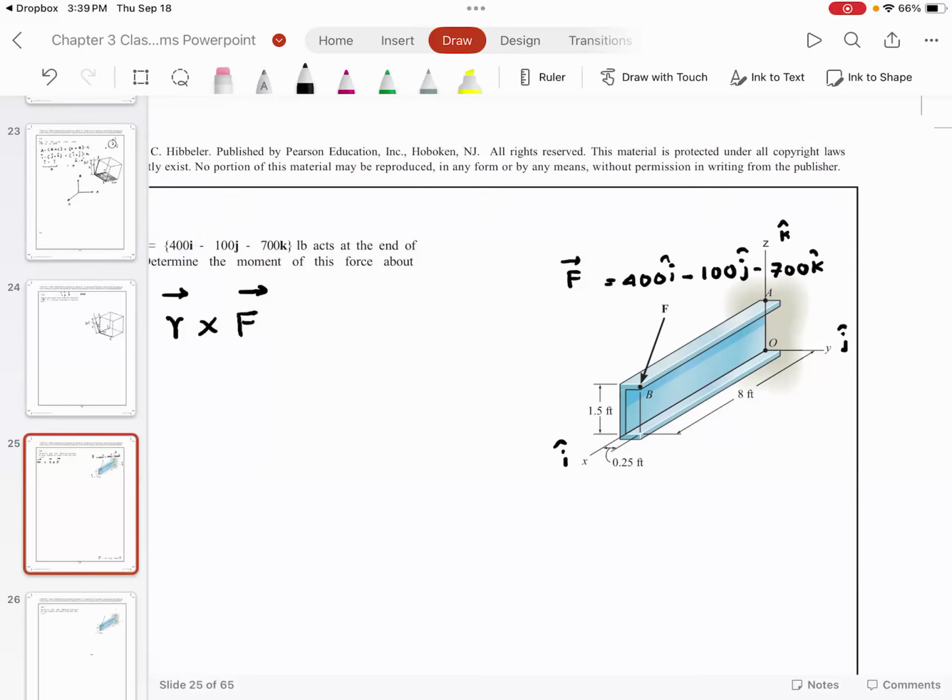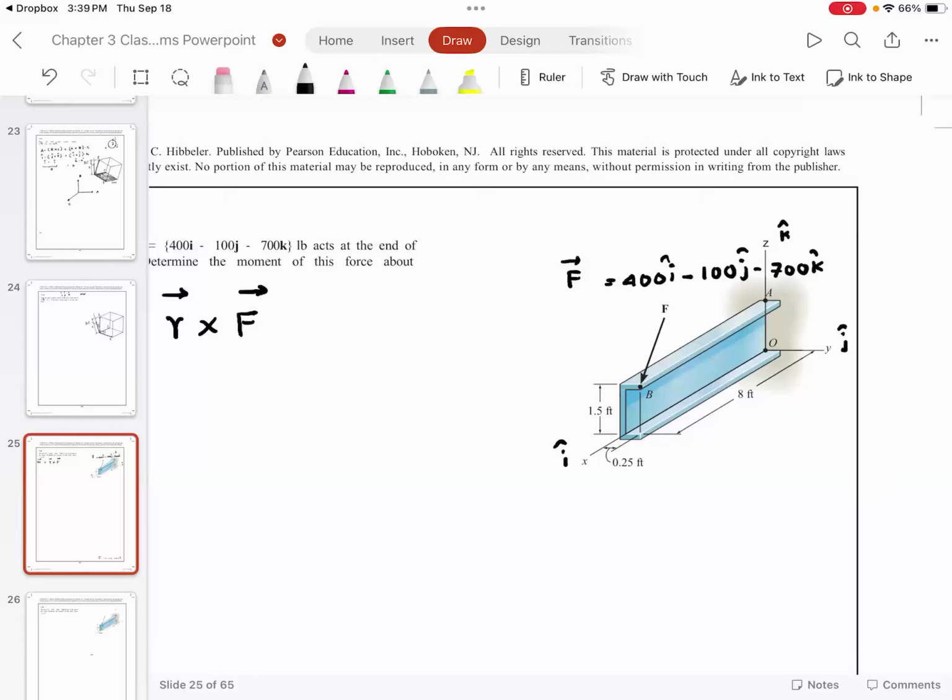It has a component in y direction, which is minus 100 units, meaning it is going opposite the y direction. And it has a component of 700 in the minus z direction. Everyone understood this? They have not given us the total magnitude of the force, but they have given us the values of the components of the force.